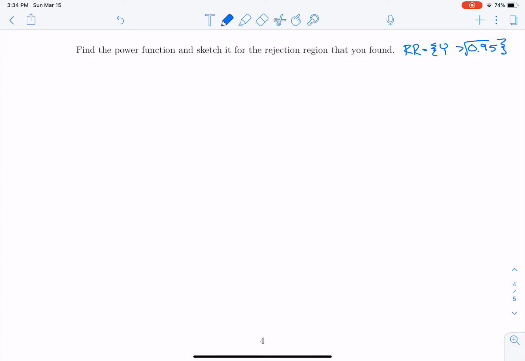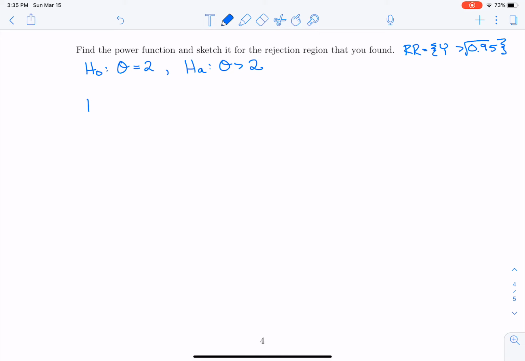Let's recall that we're going to have a null hypothesis that theta is 2. And then I want to find the power function, so I'm going to consider all possible alternatives such that theta is greater than 2.